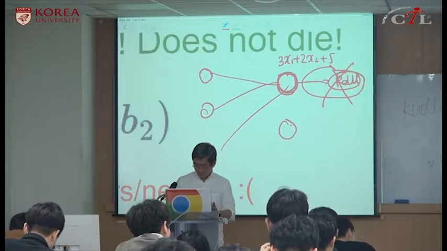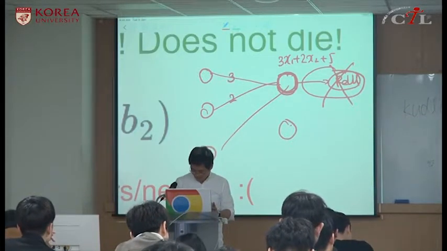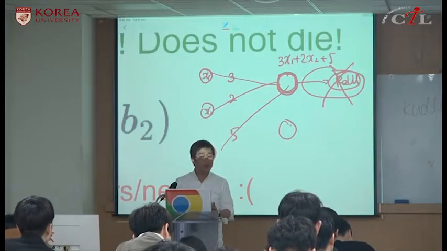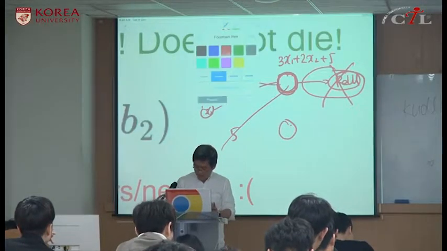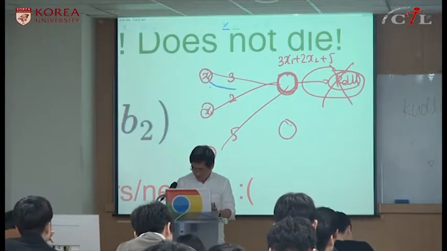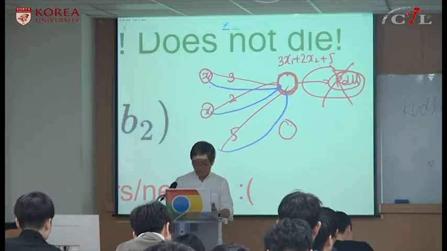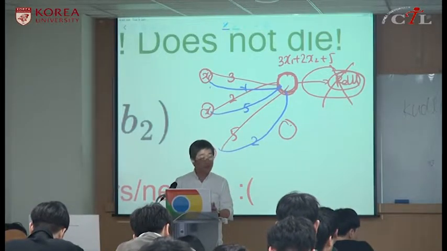So one set of linear layer has parameters 3, 2, 5, and the second layer has its own parameter set, maybe -1, 5, and 2, okay?